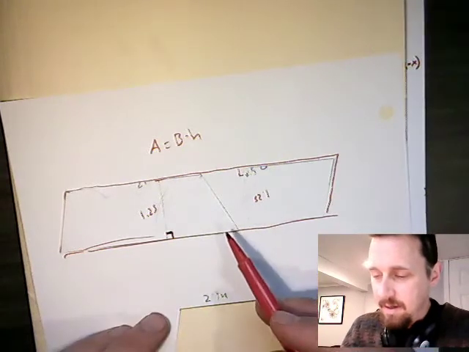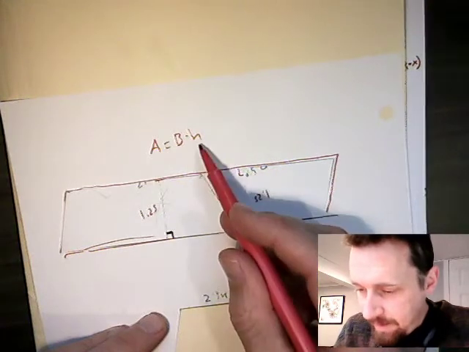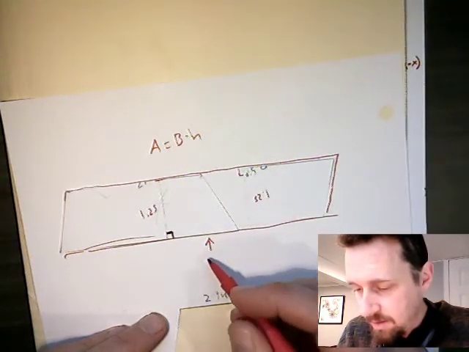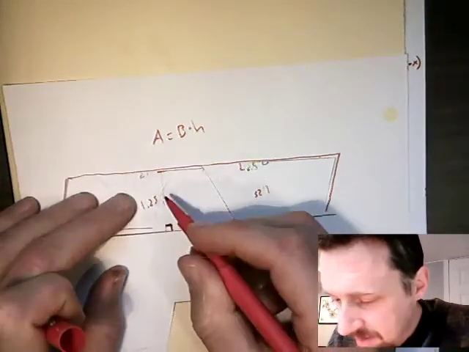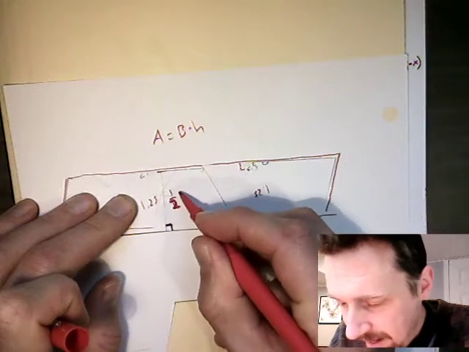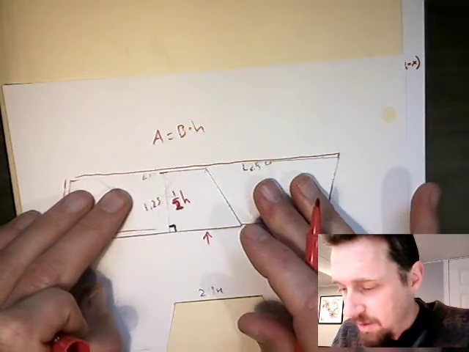And now our height, for this case, is now 1/2 of what it was. It's 1/2 of the height of the original trapezoid.